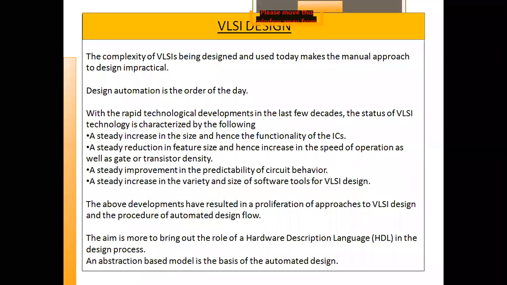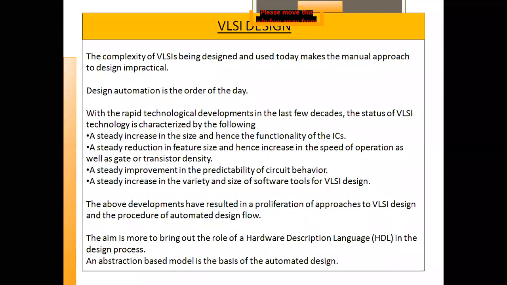You already know what a feature size is. Feature size is nothing but the distance between the source and the drain, generally indicated with 2 lambda. It has been reduced a lot, which has caused an increase in the speed of operation and also the transistor density, and also a steady improvement in the predictability of the circuit behavior.